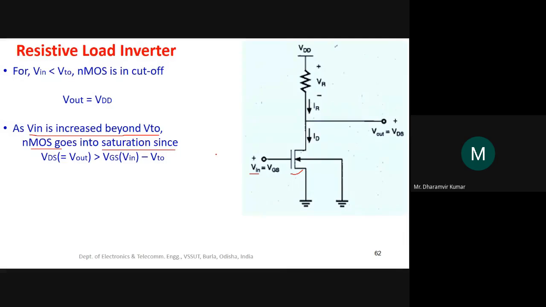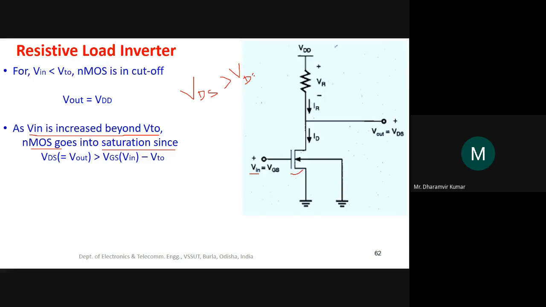And if you remember the equations for NMOS, for saturation we had the condition that VDS should be greater than VDsat, right?